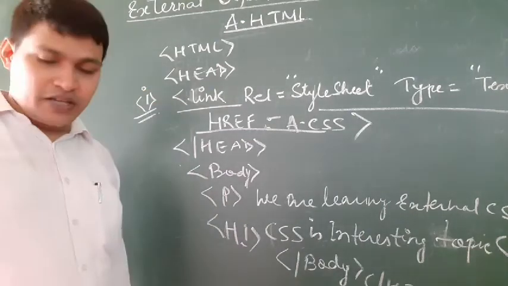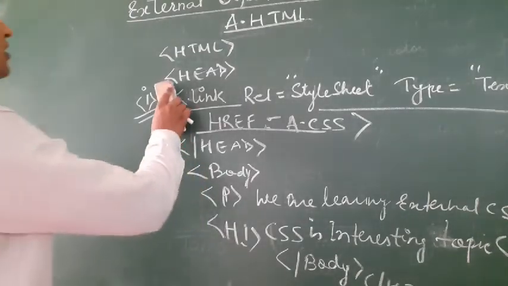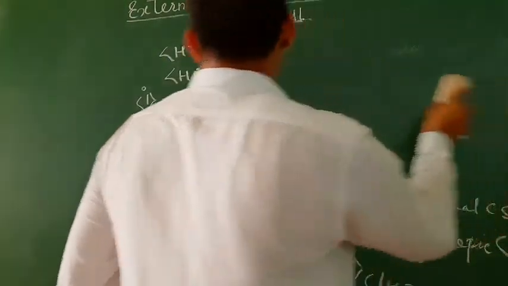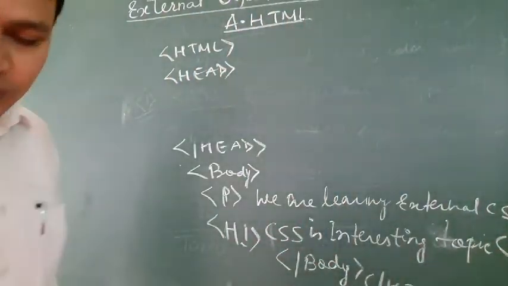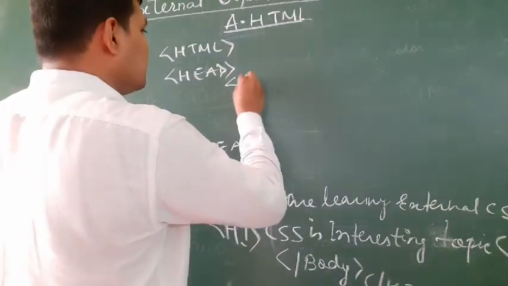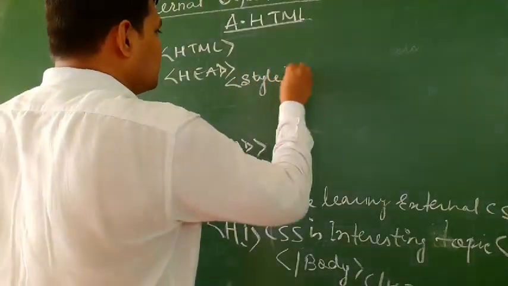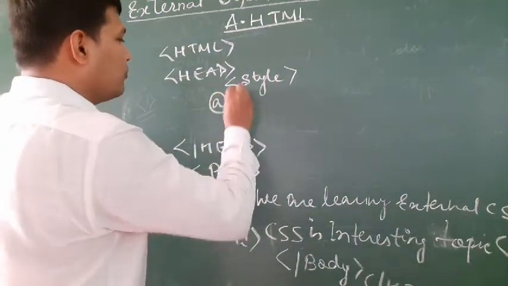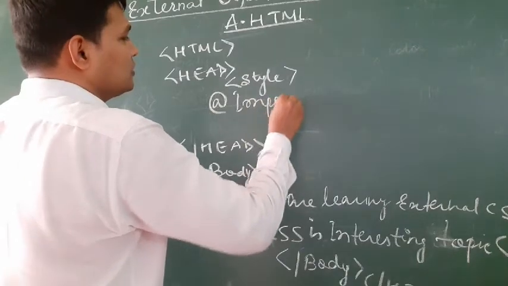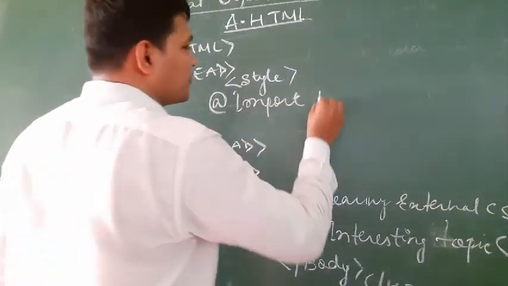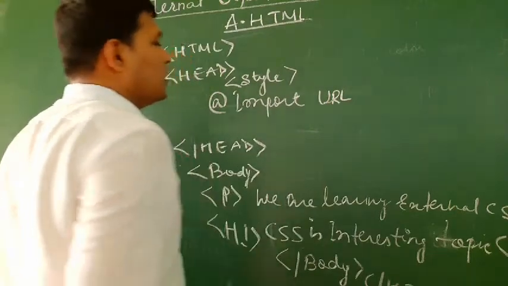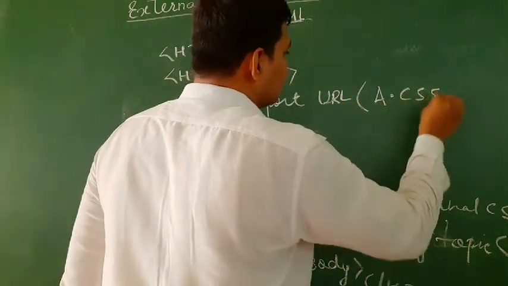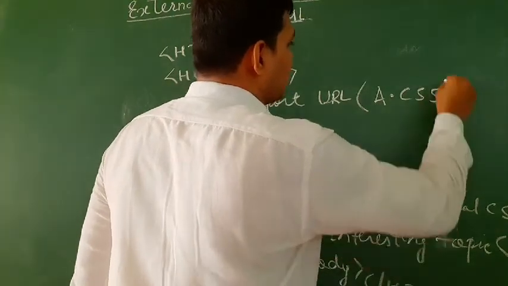The other method: I am going to erase this line, because we need to specify this area also. You have to create a style tag. Then under the style tag you use @import, then give a space and use url, and after the url you define the name of the CSS file, a.css, in the small brackets.